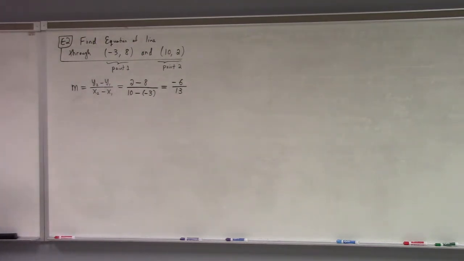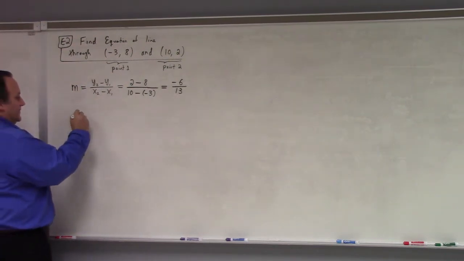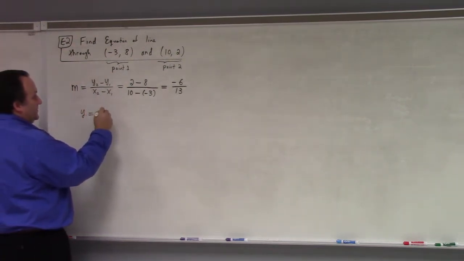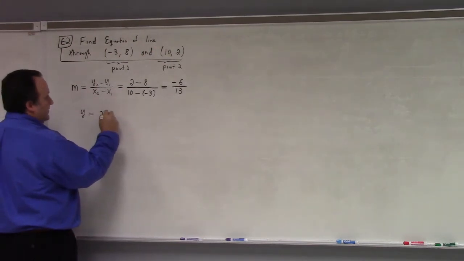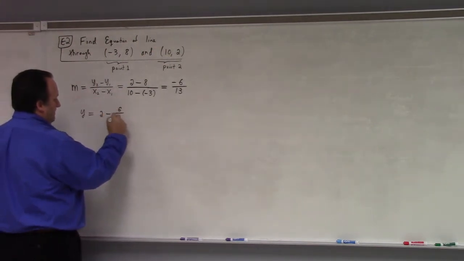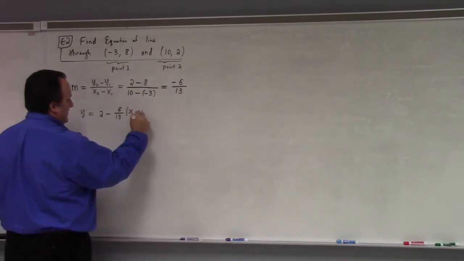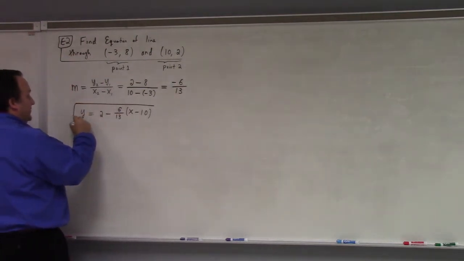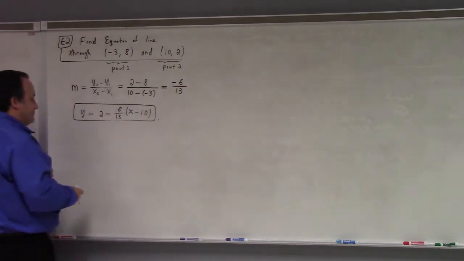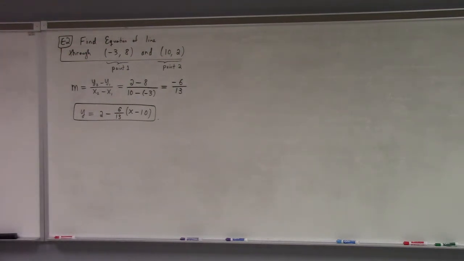Okay, we got slope. Now what do we do? If you're me, you write down the answer. So y equals 2 minus 6 over 13 times x minus 10. There you go. That's the equation of the line. We're done. Right?